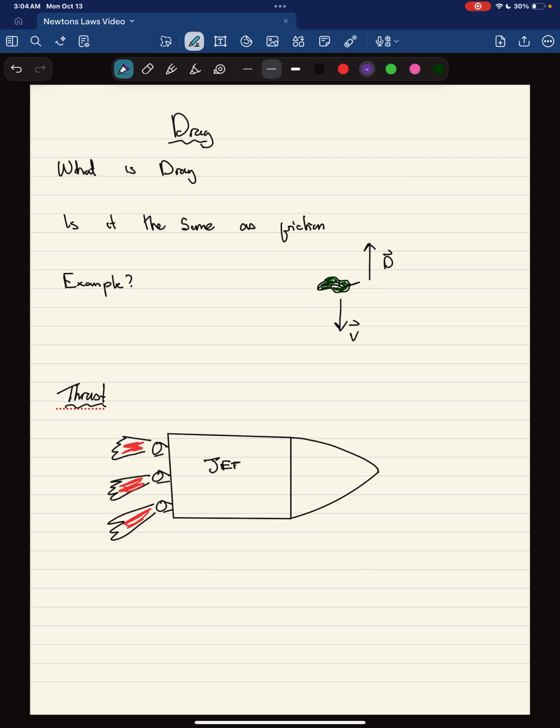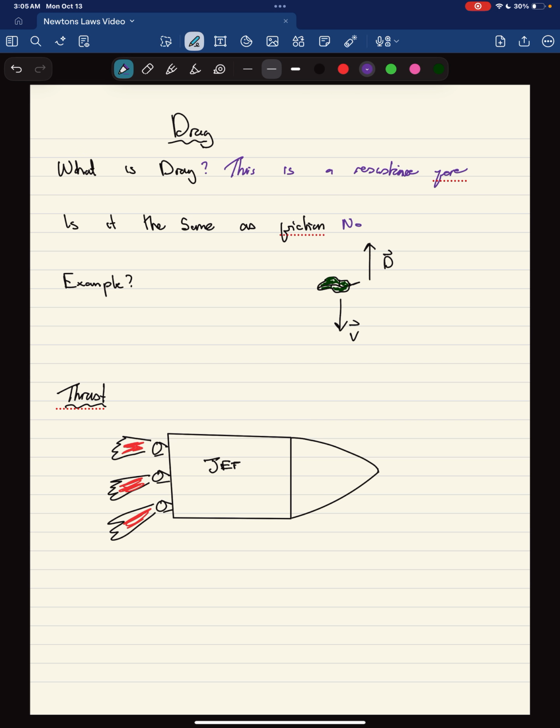All right, we're getting to the last one. Drag. So this is a resistive force, just like friction. A resistive force. Almost exactly like friction. But is it the same as friction? No, not exactly the same.